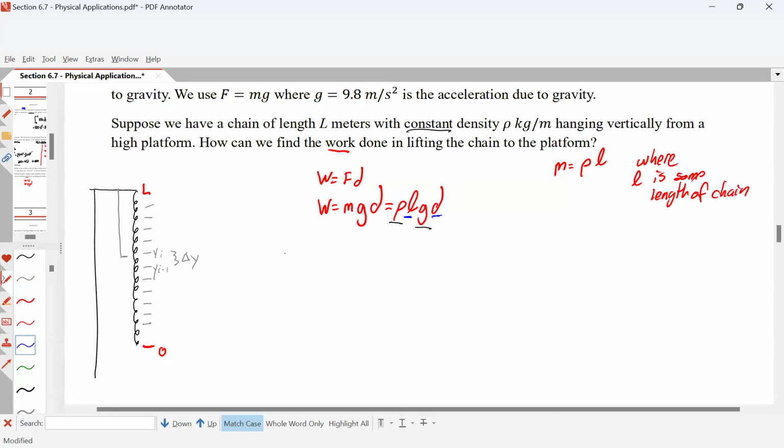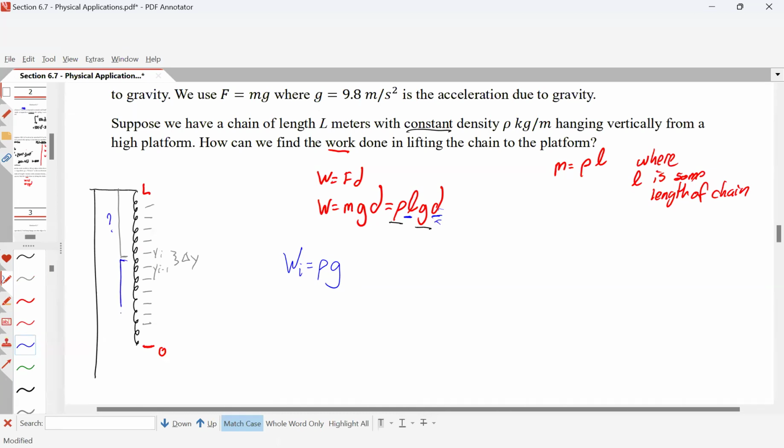So figuring out the work done for this little bit of chain, rho, our constant density, and gravity stay constant. And then the distance that bit of rope is being pulled, it is being pulled whatever this distance here is.